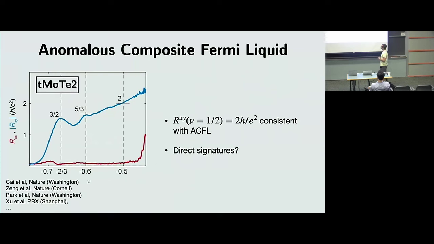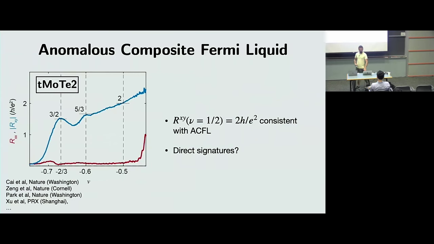So in the future, I'm hoping that perhaps there can be some direct signatures of this from cyclotron resonance or surface acoustic waves or other techniques like that. Okay, so I think this is what I would call a success story. We can understand many of the non-trivial workings of twisted MoTe2 from ideas of vortexability and quantum geometry and our many-body apparatus.